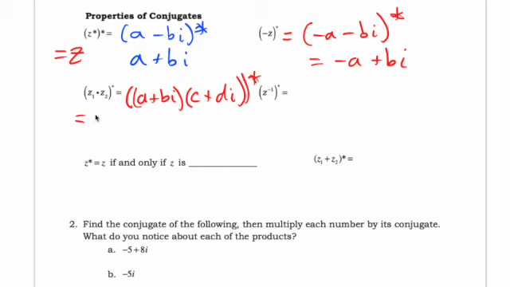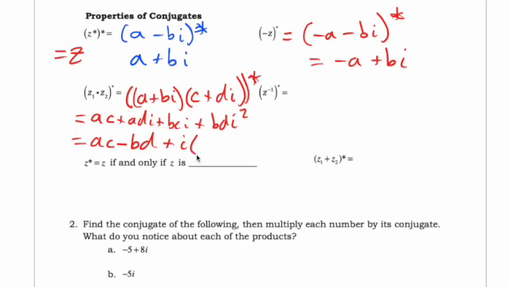So this becomes ac plus adi plus bci plus bdi squared. And if we want to write this in the standard form, it's minus bd from that, plus, and we can write it as i times ad plus bc.